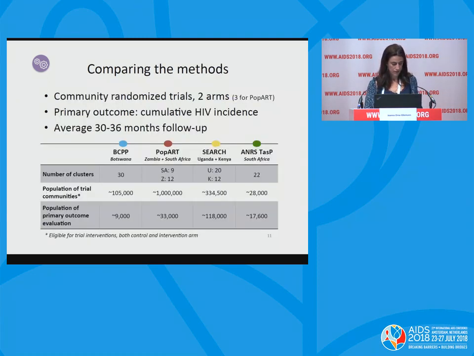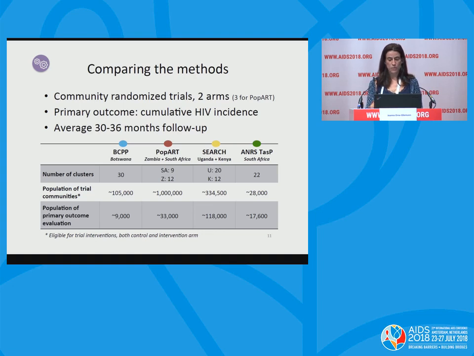In terms of methods and study design, all trials were community randomized trials, 2 arms or 3 arms in the case of PopART. Cumulative HIV incidence was the main primary outcome, and over 20 to 30 communities were randomized depending on the trial, and participants were followed up on average for 30 to 36 months.